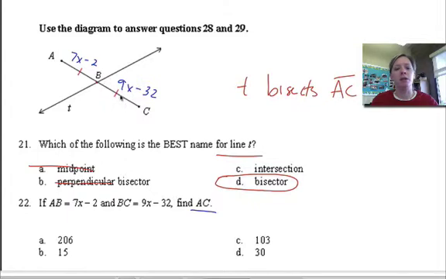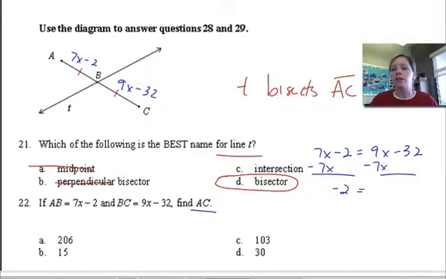Now I can see from my picture that these two are congruent. So 7x minus 2 equals 9x minus 32. We'll subtract 7x from both sides. And that's going to give me negative 2 equals 2x minus 32.